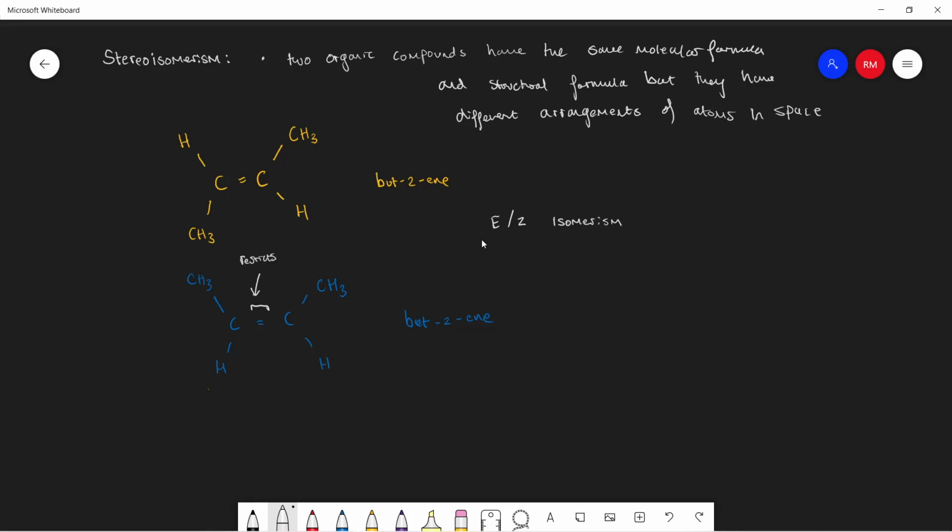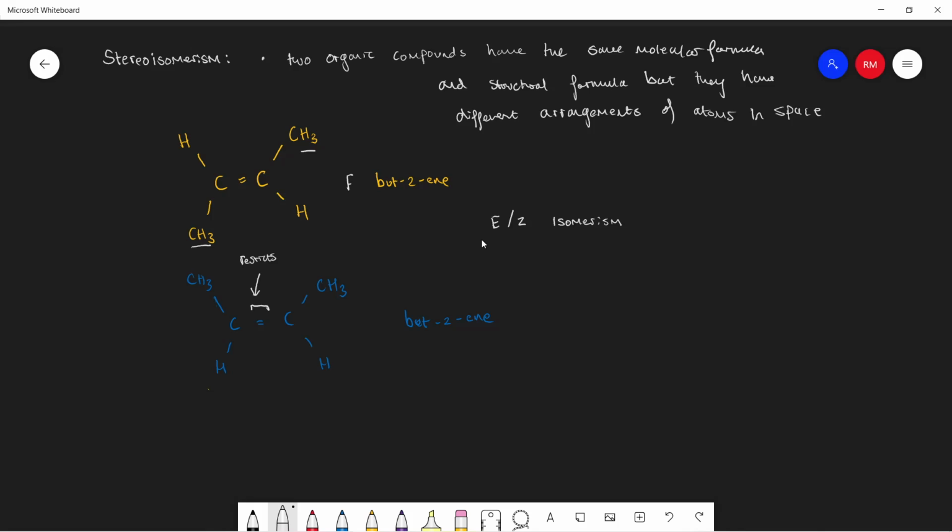But just know that E is when the highest priority groups, I mean the functional groups of the carbons which have the highest relative formula mass, are on opposite sides.